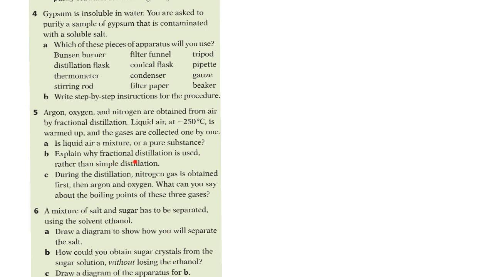Anyway, explain why fractional distillation is used rather than simple distillation. Well, to ensure when you're collecting, let's say, nitrogen is the first one, that nitrogen comes out without any impurities involved, like oxygen evaporating at the temperature nitrogen is boiling, right? So you add a fractionating column, same reason why you have a fractionating column in any case, right?